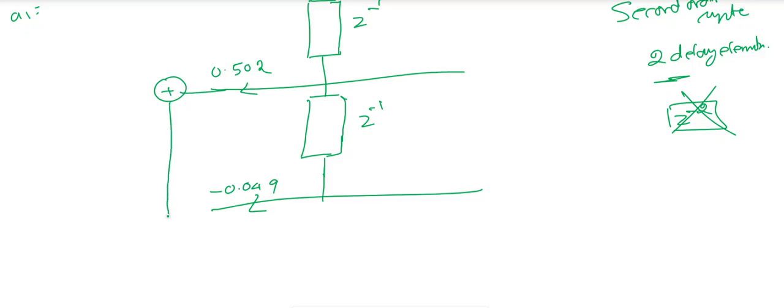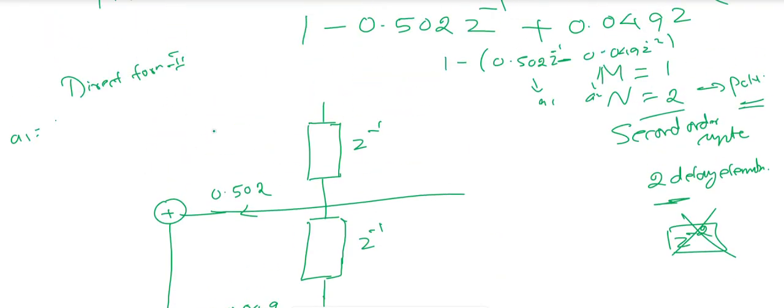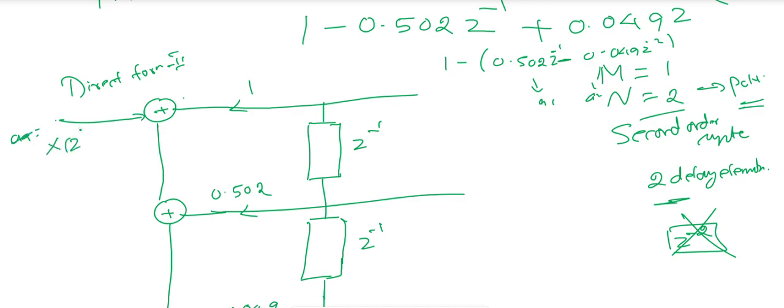So it is a second order system. These are all poles first, as in an IIR system. This will be 1, this is X of z.